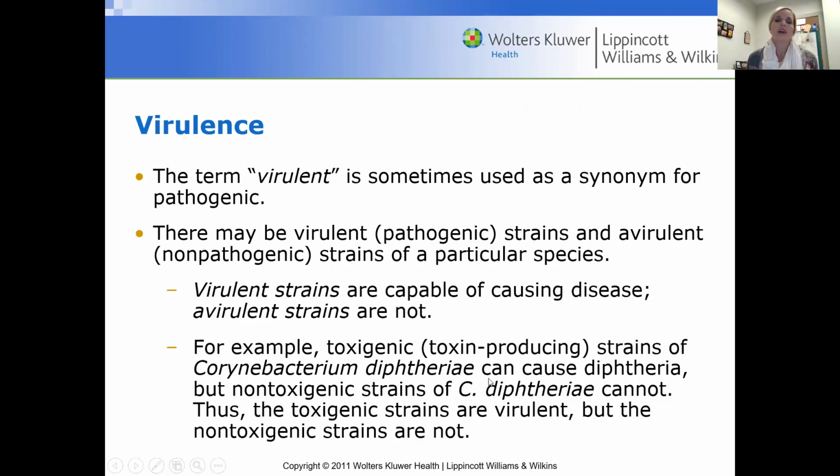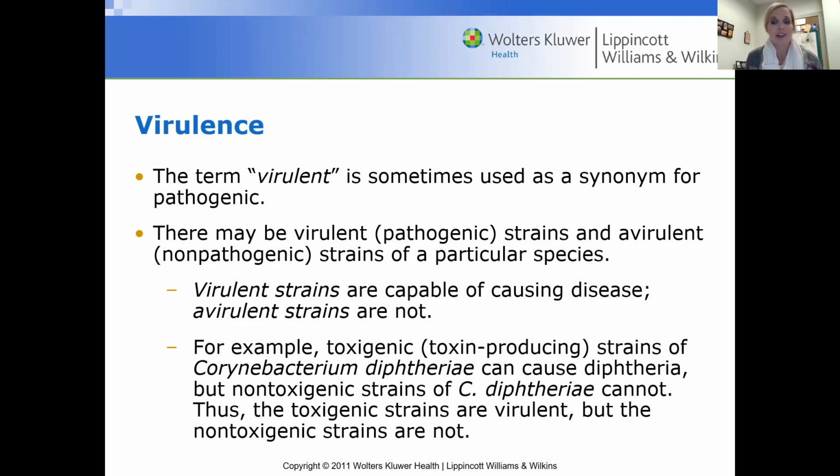When we see the term virulent, it's oftentimes used as a synonym for pathogenic. If a pathogen is virulent, it typically is something that is definitely going to lead to an infection or infectious disease of some sort. So there may be virulent strains of a pathogen, of a microorganism, meaning that it's pathogenic.